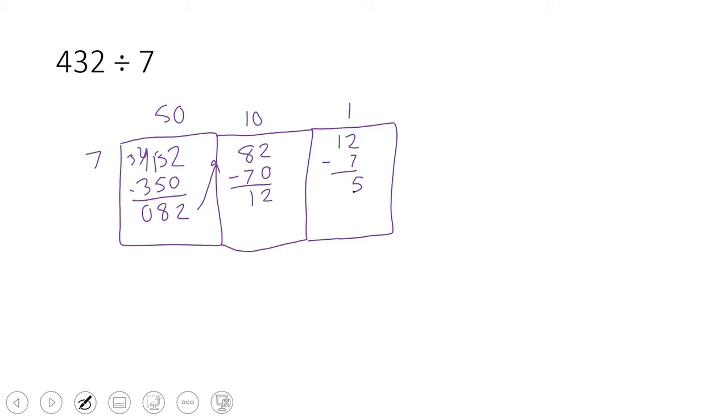And 5 is less than 7, so I'm done. Well, partially done. Now what I need to do is add up these numbers on the top, the numbers that I multiplied 7 by to start the subtraction process. Now 50 plus 10 is 60, plus 1 is 61, so my answer is going to be 61 remainder 5.